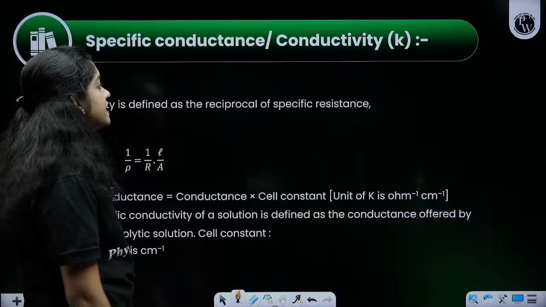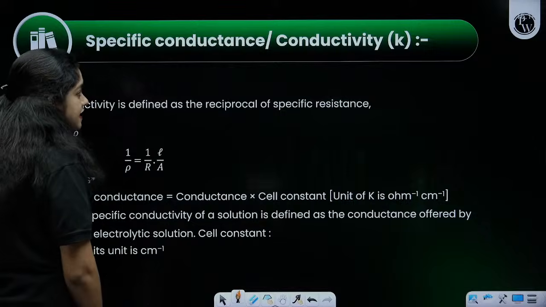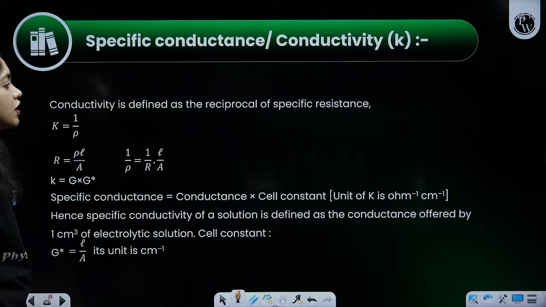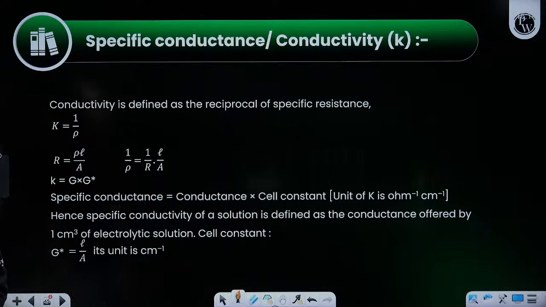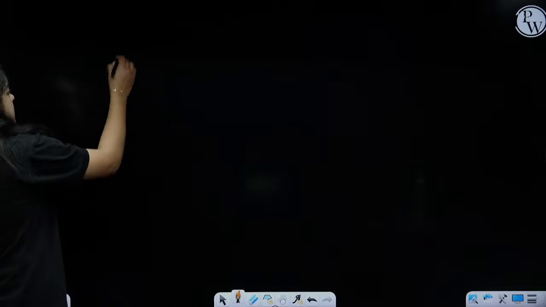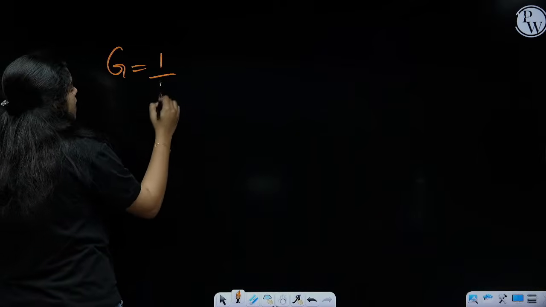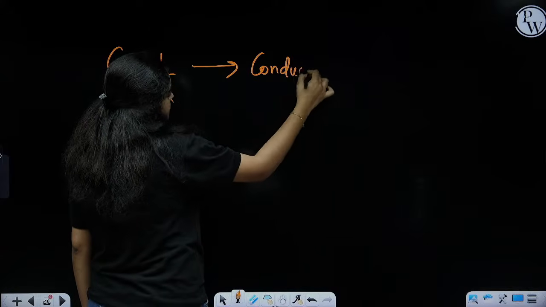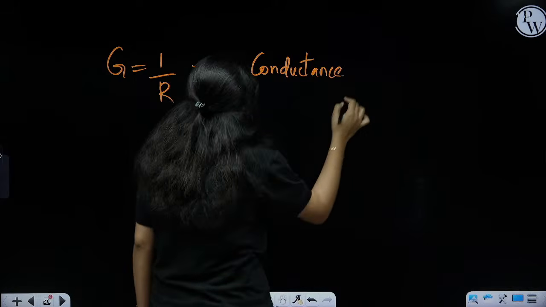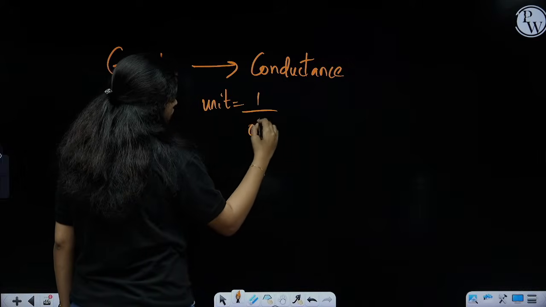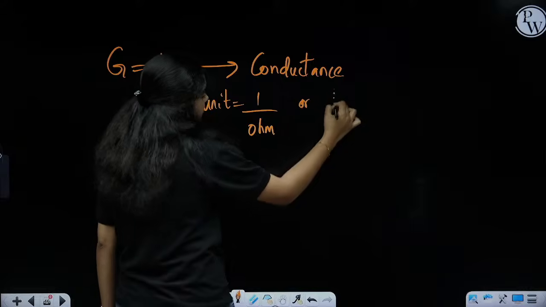Then next one is conductance and specific conductivity K. The conductivity is defined as the reciprocal of specific resistance. First we learned about G, right? What was G? G equal to the reciprocal of R, resistance reciprocal, that is conductance. Conductance is G, and what is the unit of conductance? Unit is 1 by ohm.